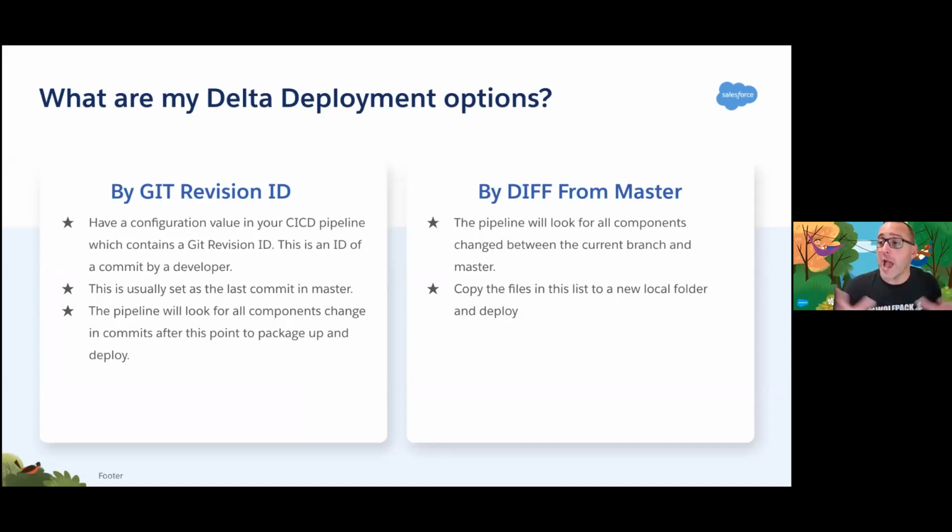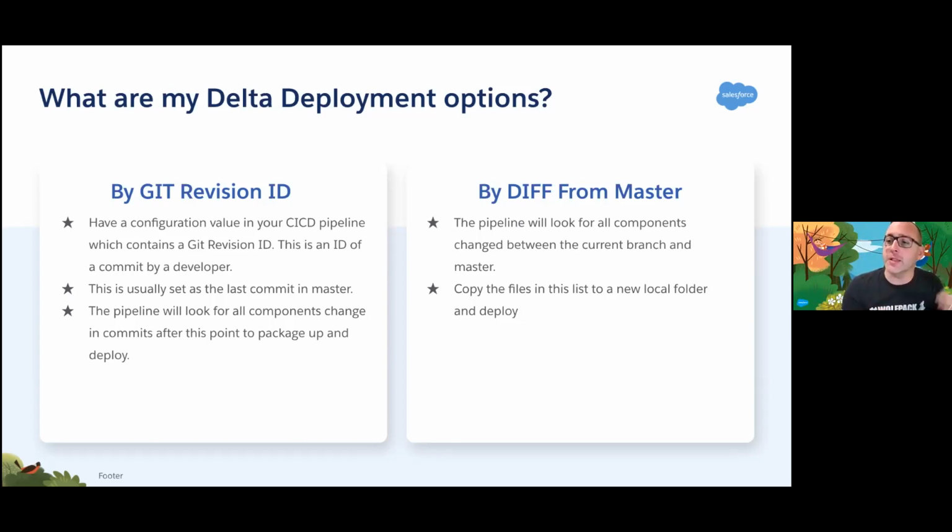So how do we know what component? Well, we're going to decide based on commits. By Git revision ID, we're going to say there's a point in time, and all the components that have been changed or modified or deleted after a certain point in time, we're going to automatically bundle those up, okay? The second approach is let's bundle up based on a different master.